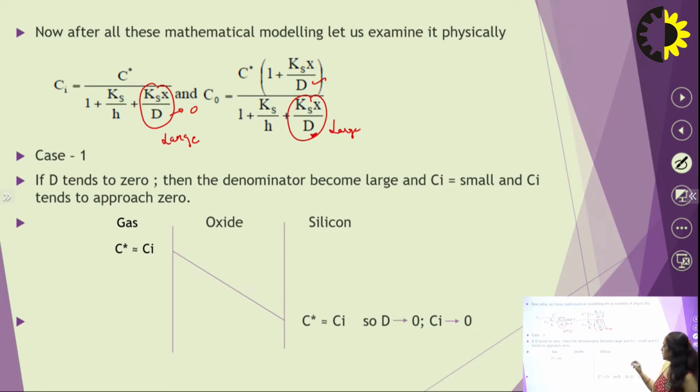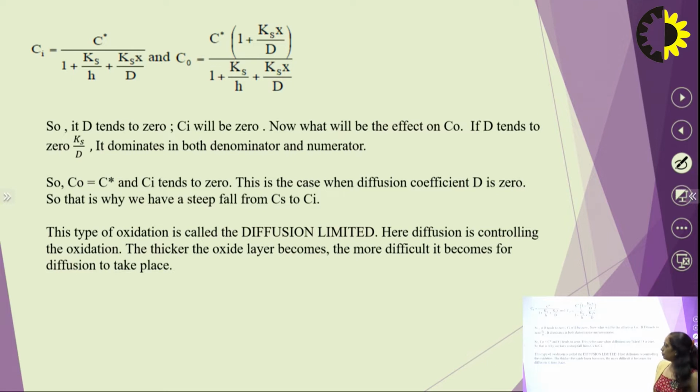So Ci will be very small and Ci will approach 0. That is why we have this downfall in the graph. In the graph we have seen that there is a downfall from C naught to Ci. So this Ci will tend to approach 0.